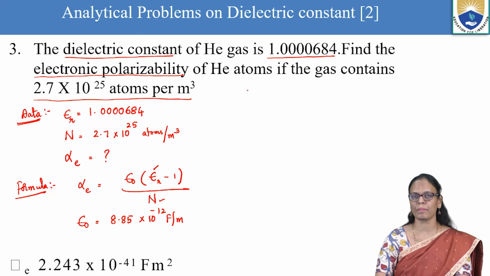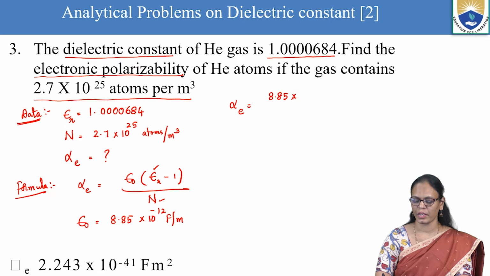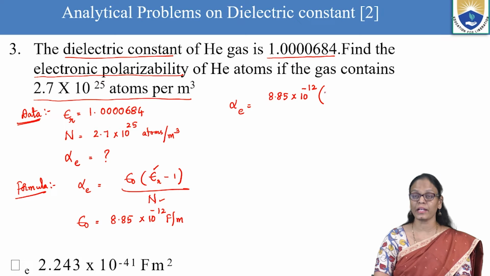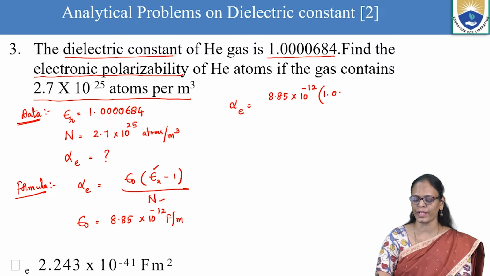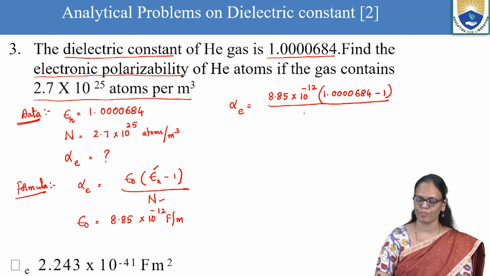Now, the next step is the substitution. So, alpha E is equal to 8.85 into 10 power minus 12. In brackets, what we have, epsilon r minus 1. Epsilon r is 1.0000684 minus 1 by the number of atoms, 2.7 into 10 power 25.